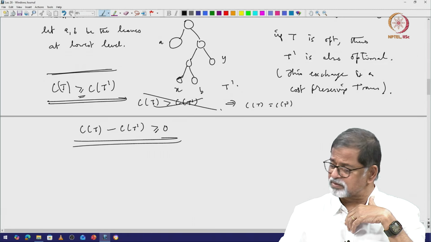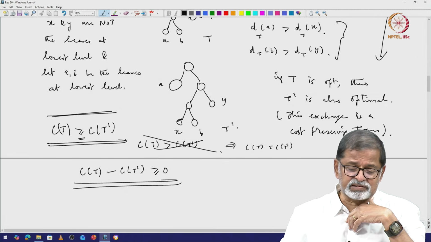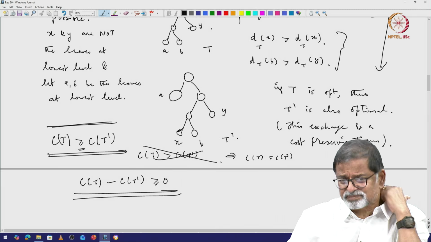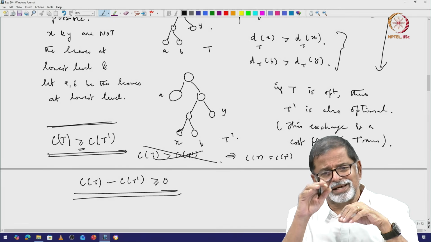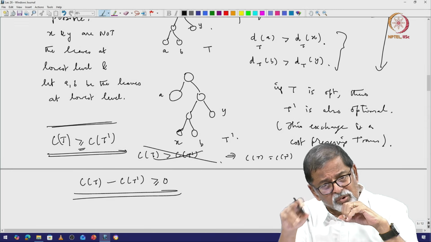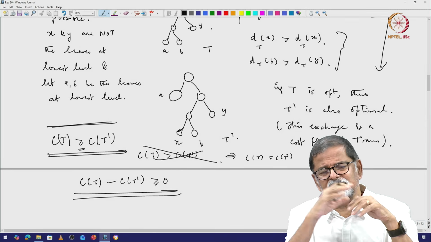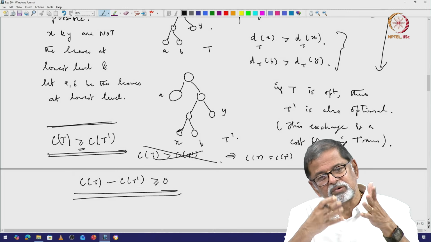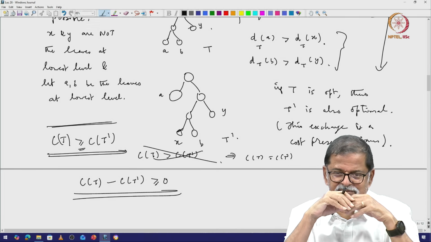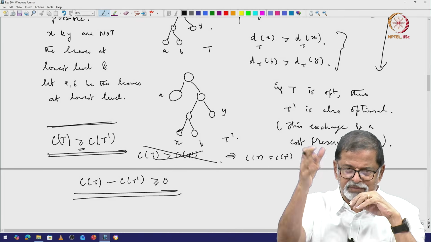If you look at the difference between T and T dash, the structure is same. So, for all other nodes, their depth, their code, everything will be same. For example, for B, the code there and code here will be same, the same path.